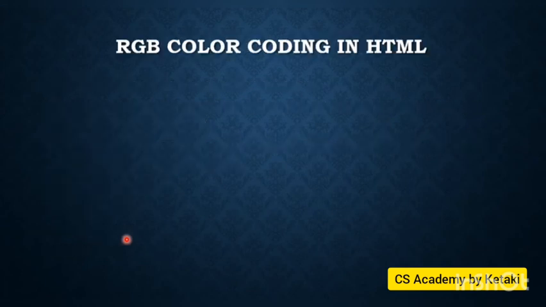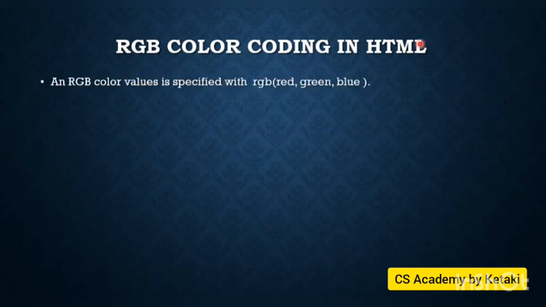Next method is RGB color coding in HTML. This is a very important color method. The RGB color value is specified with this syntax. RGB is a property which is used to set colors in web pages. R represents red color, G green color, and B blue color.